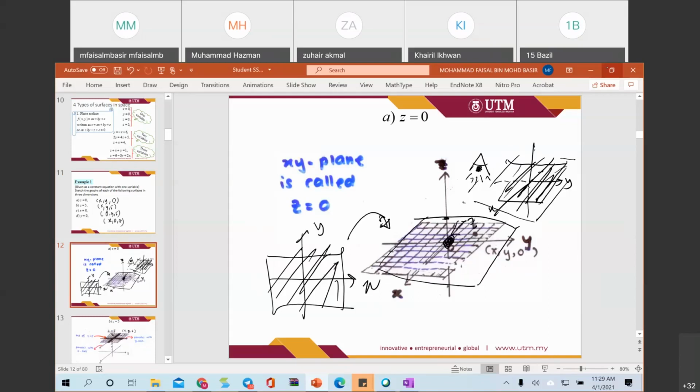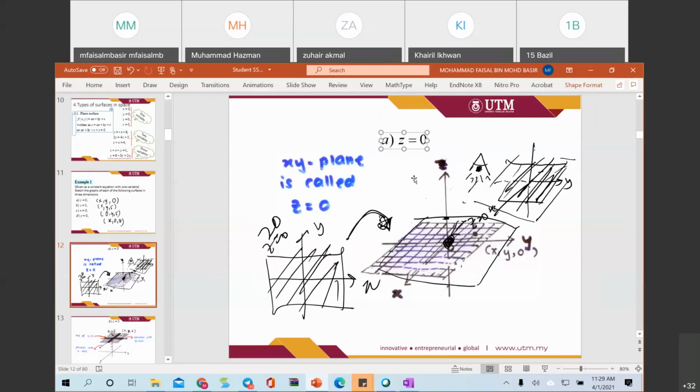Here is z = 0, right? (x, y, 0). So you have to know how to draw in 2D, which is z = 0, the XY trace, and you have to know how to convert to a 3D plane, a 3D surface.